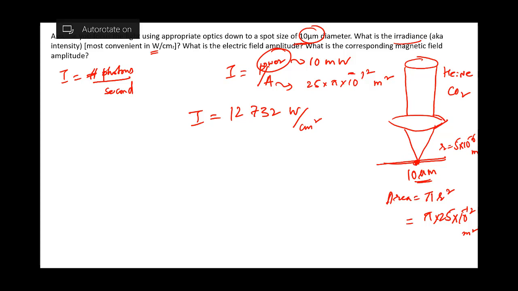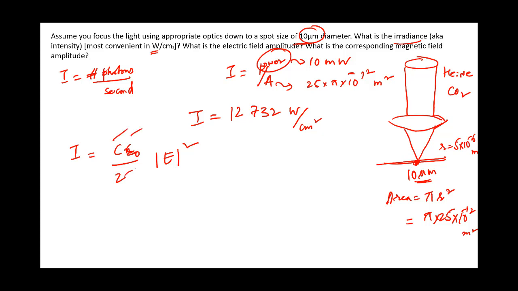Now we can use this to calculate the electric field, because we know that intensity is proportional to the electric field squared. Intensity is equal to c times epsilon naught divided by 2 times the electric field squared, and c, epsilon naught, and 2 are all constants.